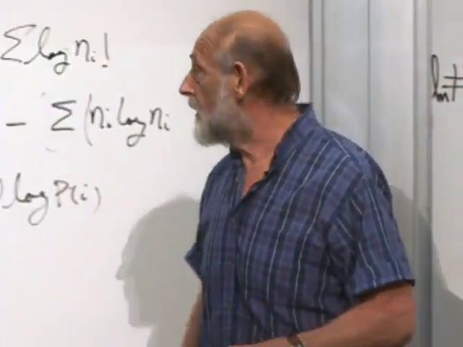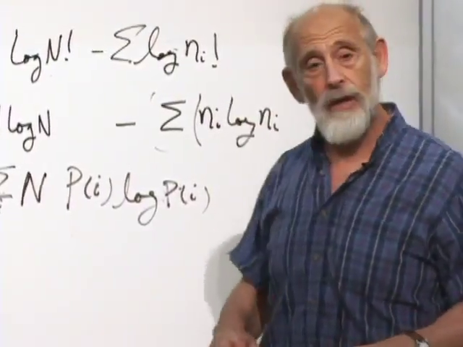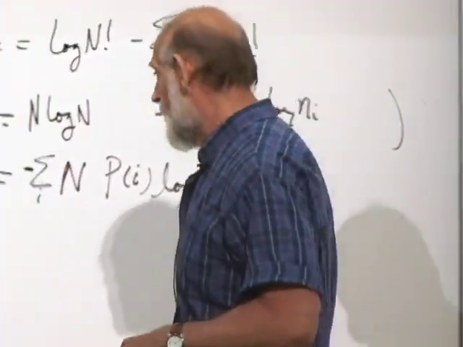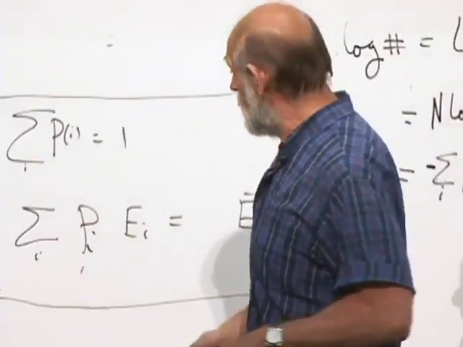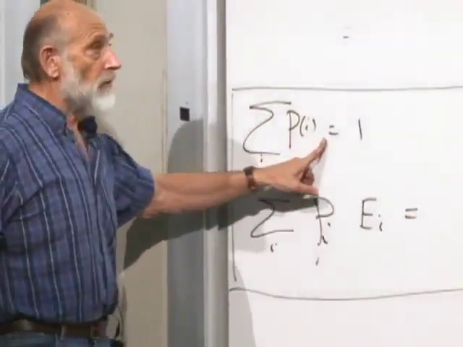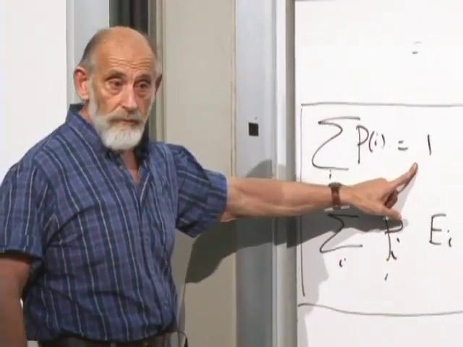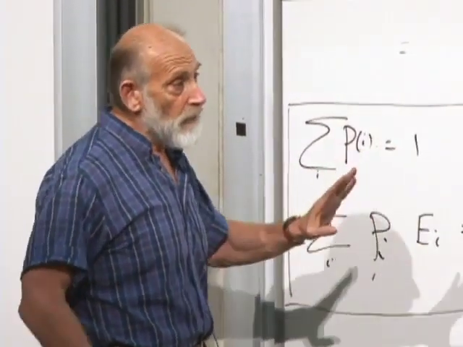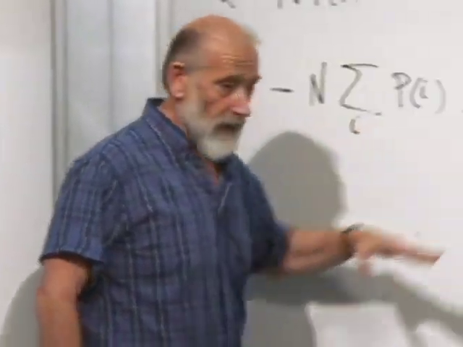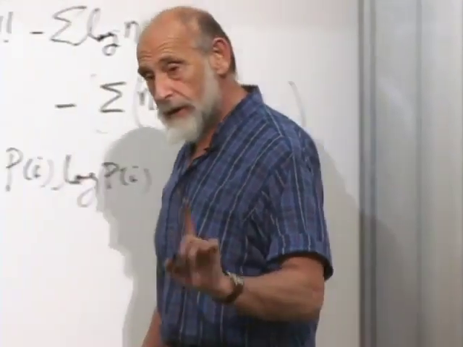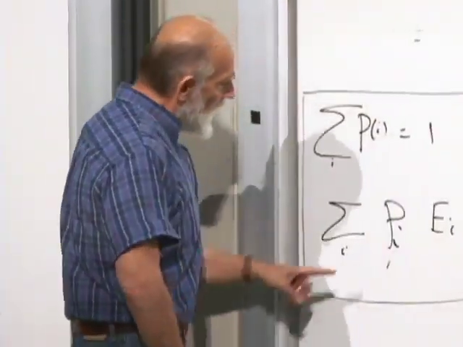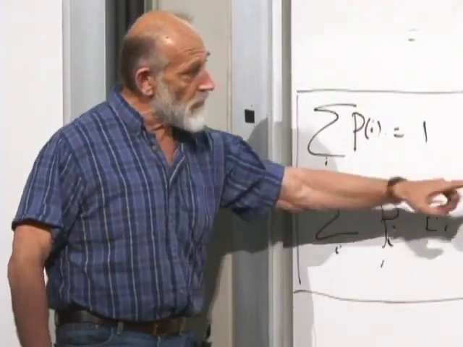In other words, we want to find out what little n's give us the most likely distribution of occupation numbers, but subject to two constraints. The first constraint is that the sum of the probabilities adds up to 1. So when we're varying and trying to find the maximum of this, we have to keep two things fixed: the sum of the p's equals 1, and the sum of the e sub i p sub i is equal to e.